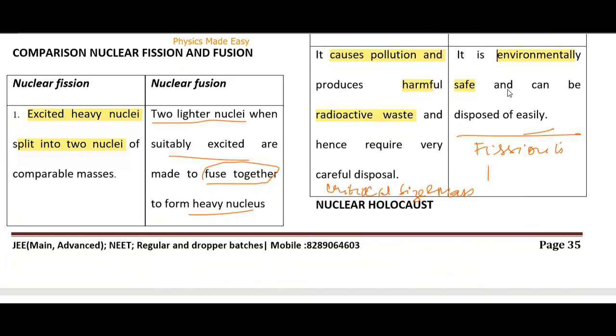Fission is performed before fusion. The first fission is performed, high temperature is generated, then fusion is attempted. And in fusion, there is no concept of critical size and critical mass. It means the concept of critical size and critical mass is only required in fission. In fusion, you just require very high temperature.